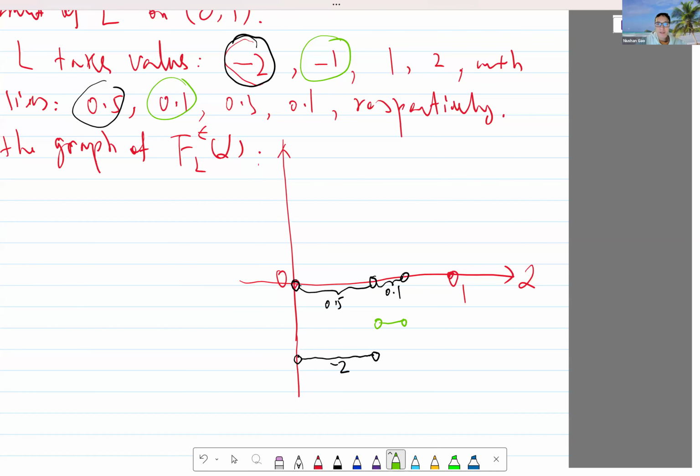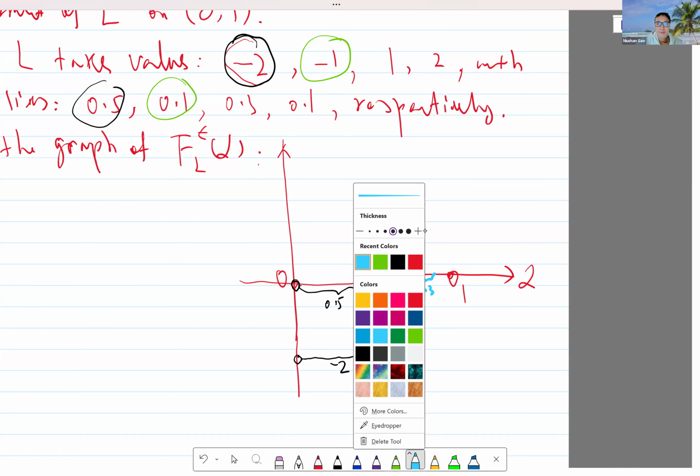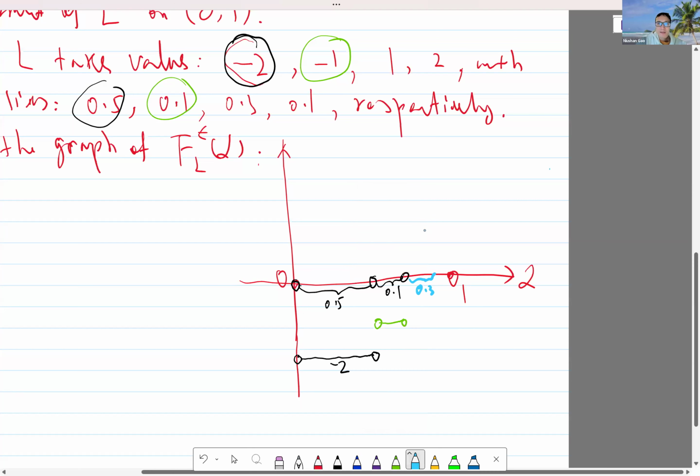The next value is 1, and the interval is 0.3. So you need to choose the interval of length 0.3, and the value of f left arrow is 1.